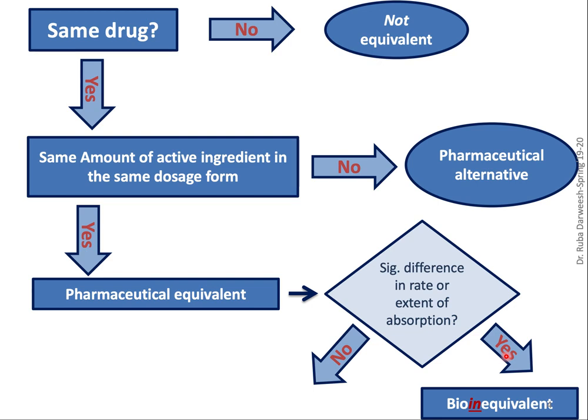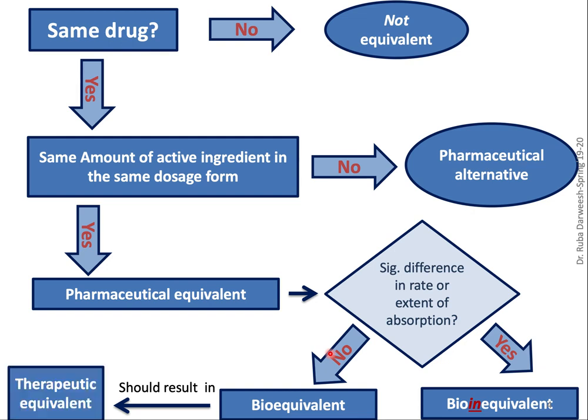But if we don't have that much of a difference, then we are talking about bioequivalent products. By default, we are aiming for the bioequivalent products to result in therapeutic equivalence, which means similar and not significantly different safety profiles, that is, when the drug is effective and when the drug is toxic.